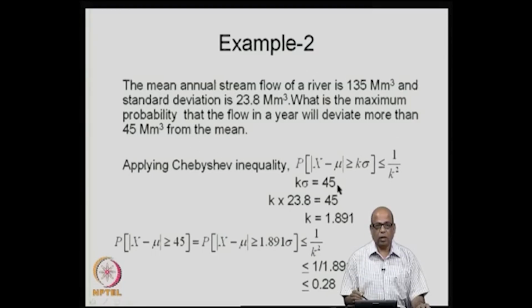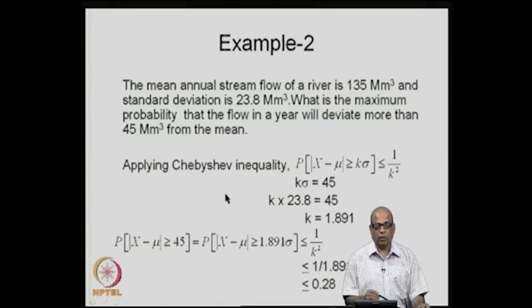So, k into 23.8, which is the standard deviation sigma, will be equal to 45, and therefore k will be equal to 1.891 in this particular expression.